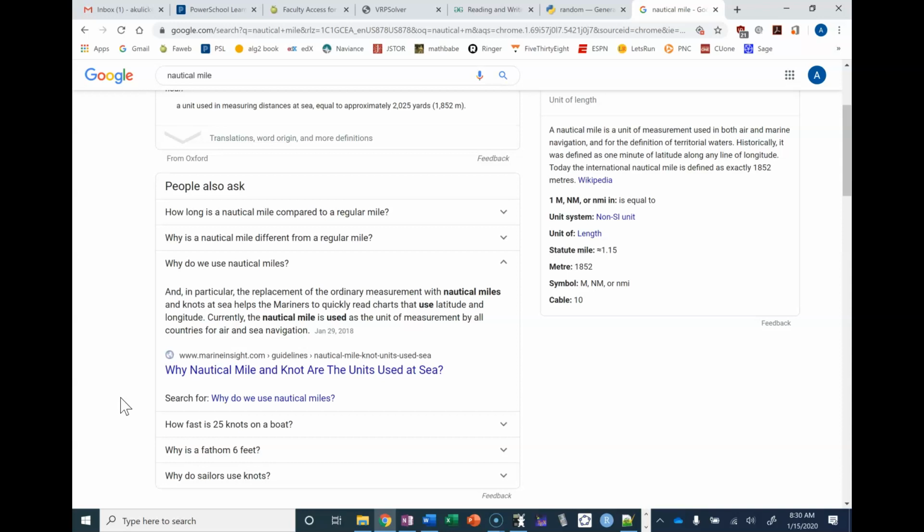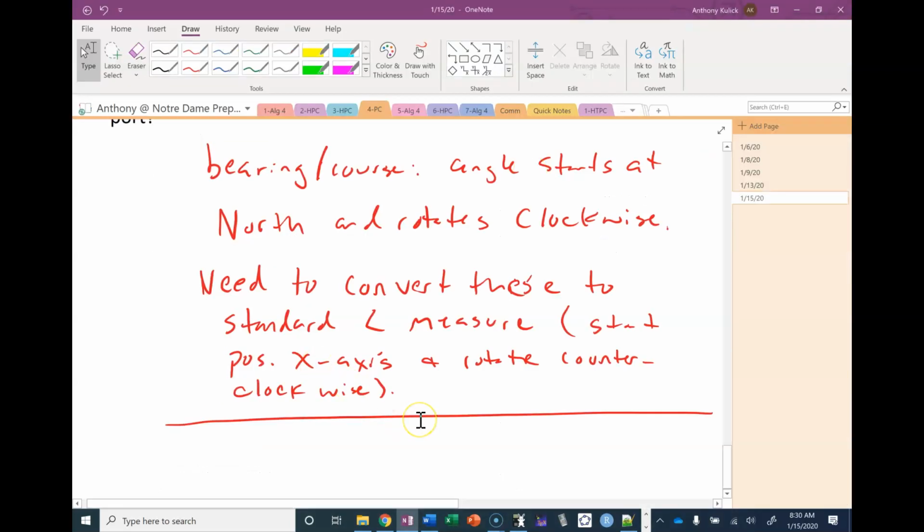When they say minutes, they don't mean time, but the measure between two lines of latitude or longitude, between the single degree, they count the decimals there as minutes. And then the second decimal point is like seconds. So it's a very bizarre set of units of measurement, but that's just how they do that.